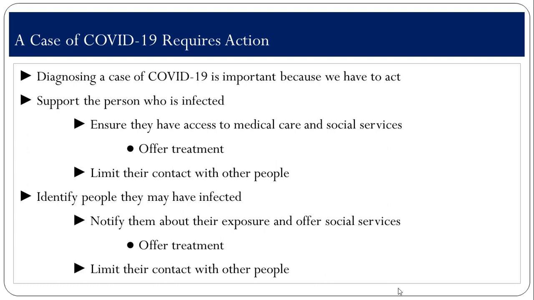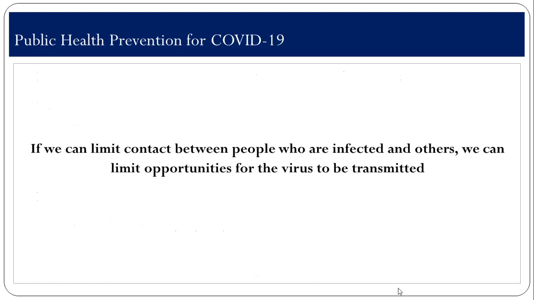And importantly, we need to limit their contact with other people. Once we find who has been exposed, those people could become infectious and then infect other people. So, if we can get them to change their behavior, we can limit transmission onwards.